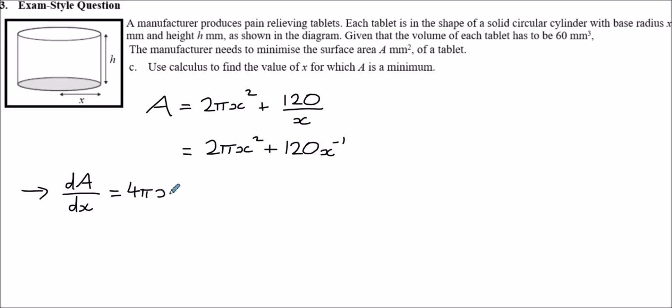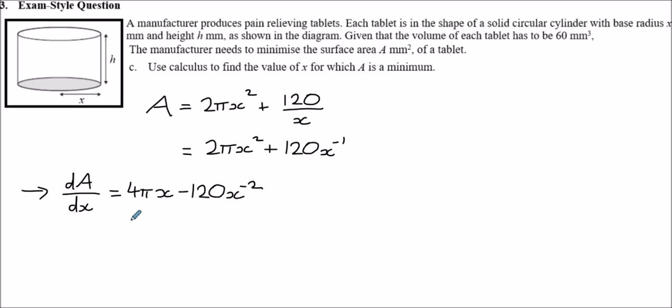The new power of x reduces from 2 down to 1. Over here, the minus 1 comes to the front and multiplies the 120. And so we get minus 120. The power of x reduces by 1, so minus 1 minus 1, that now becomes minus 2.